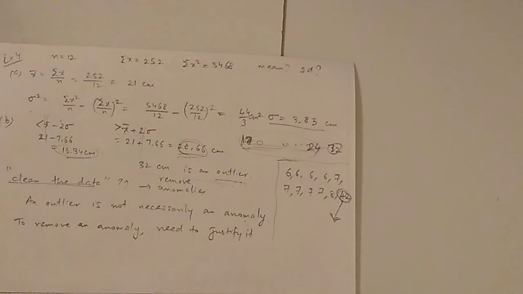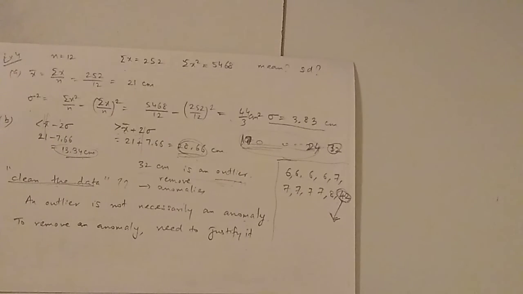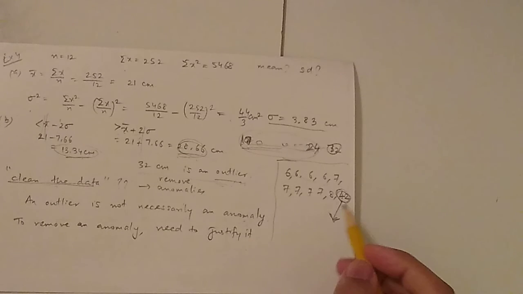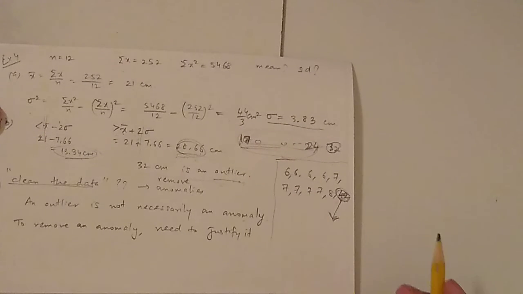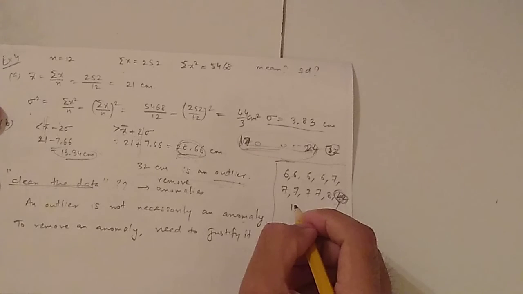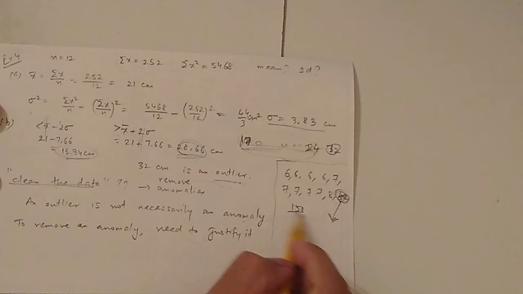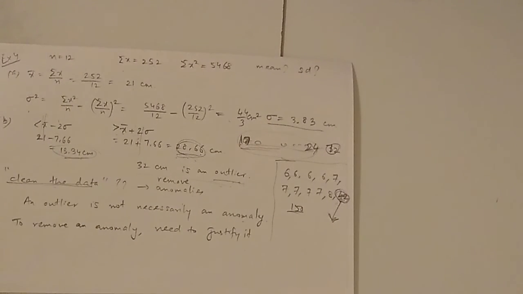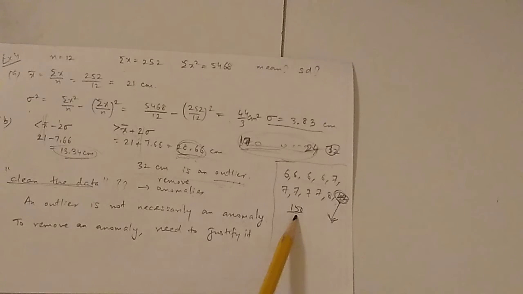But let's say that while recording the data, instead of 42 you wrote 150. Well, 150 would definitely be an outlier, and it would also be an anomaly, because the parent is definitely going to be older than the child, but he or she cannot be as old as 150 years.